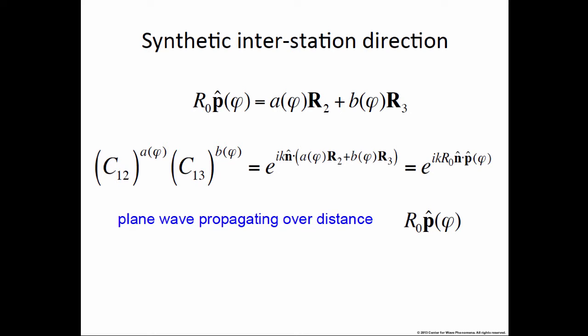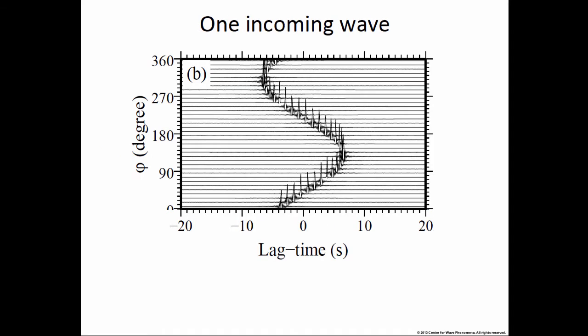So this is like a simple data processing trick where we take three receivers, with two inter-receiver vectors, and we combine them into a new set of receivers that can have an arbitrary rotation. So this is a mathematical trick to mimic that idea of having two receivers that you rotate. Because the angle phi we can choose arbitrarily, and for every angle phi we know those coefficients A and B, and we can find this plane wave.